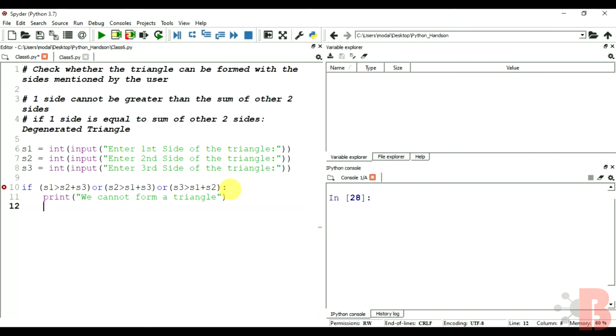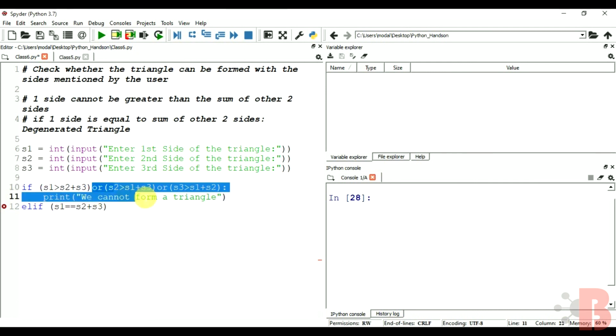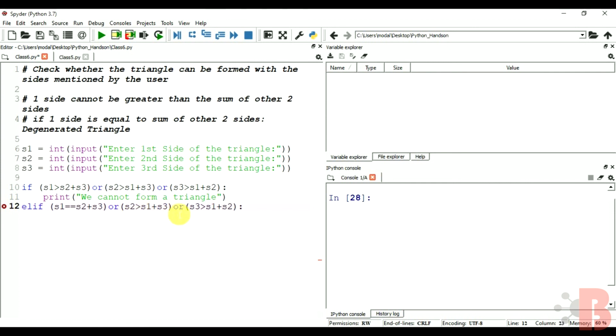Okay. Next, elif. The same goes with the second statement. If S1 is equal to S2 plus S3, we will try to copy this, paste. If S2 is equal to S1 plus S3, if S3 is equal to S1 plus S2, then this is considered as a degenerated triangle.